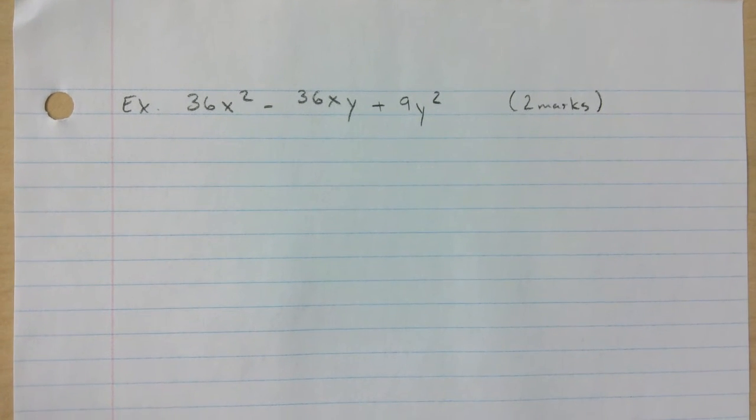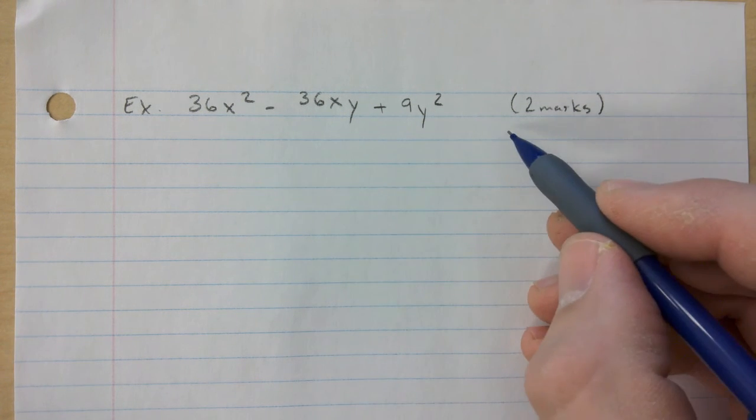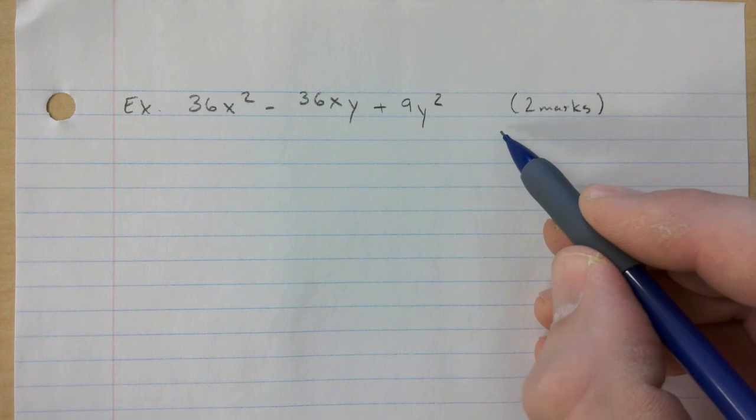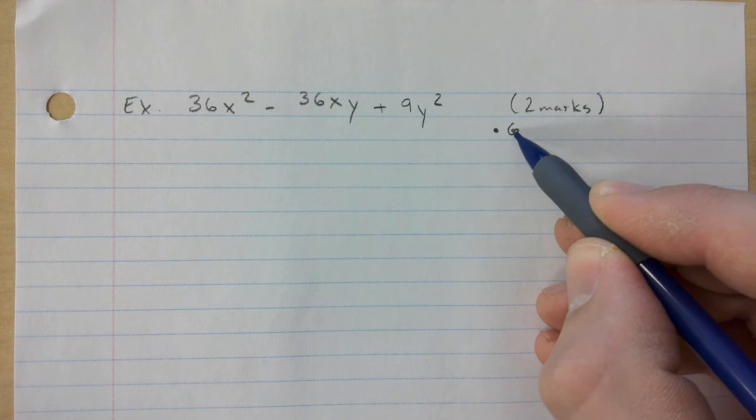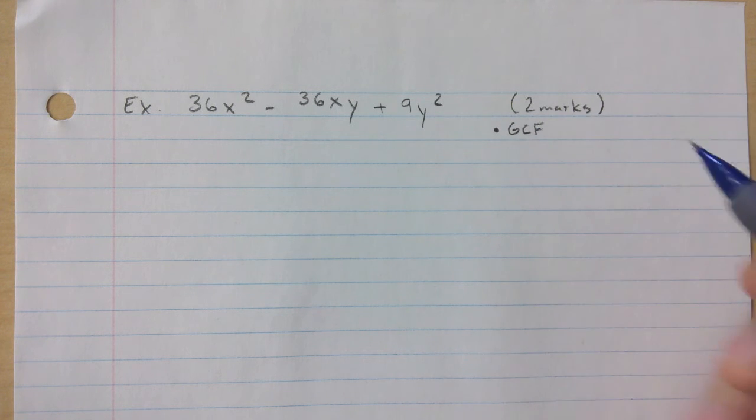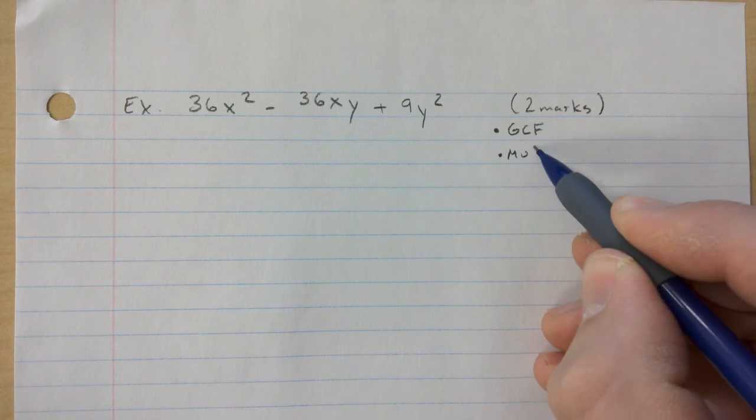If you're wondering how much something like this would be worth, it's 2 marks. This one has a GCF and it's multivariable.